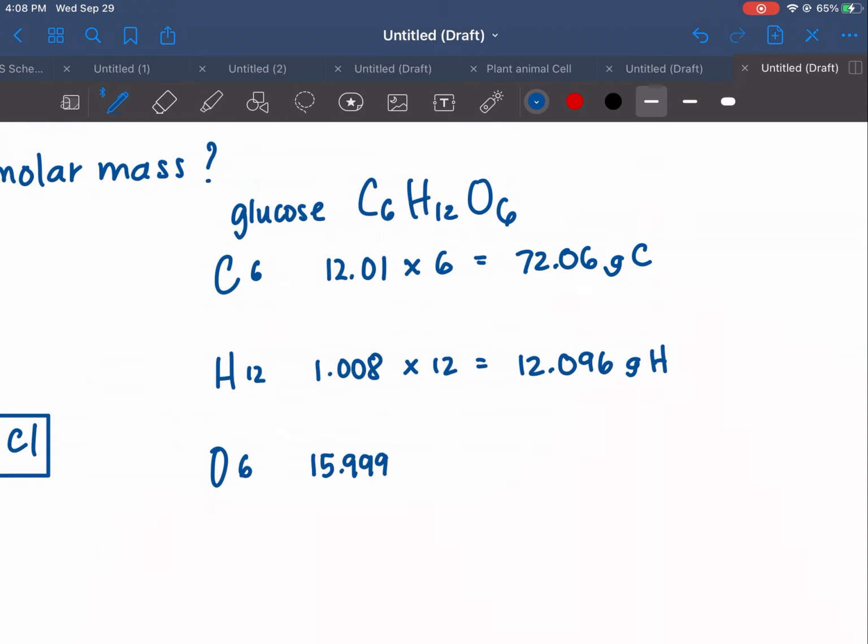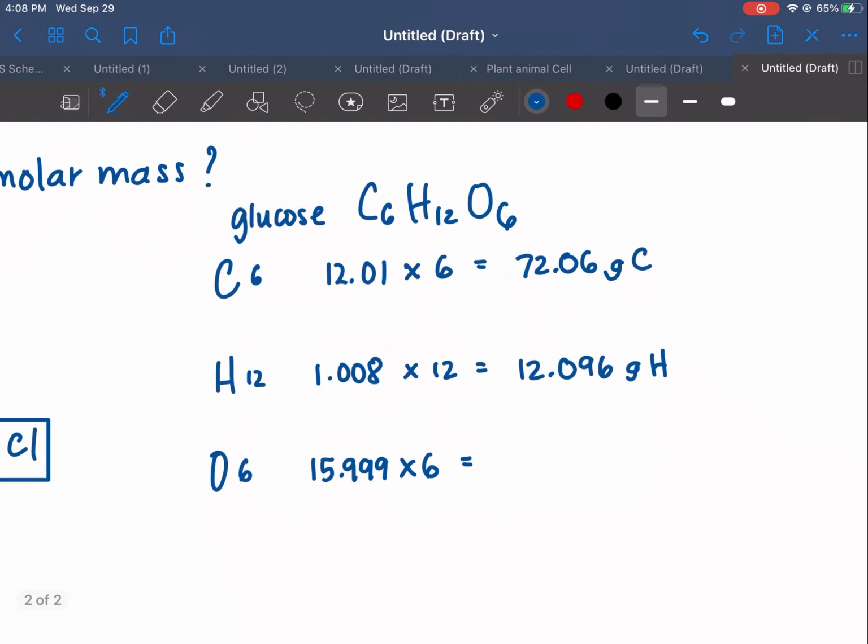And then we get to oxygen. Oxygen is 15.999, but there are 6 of them. So if we multiply that, it's going to be 95.994 grams of oxygen. Now that we have those numbers, we just add them all and we will get the molar mass.